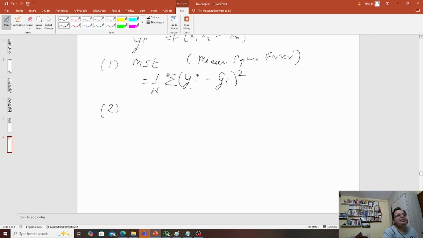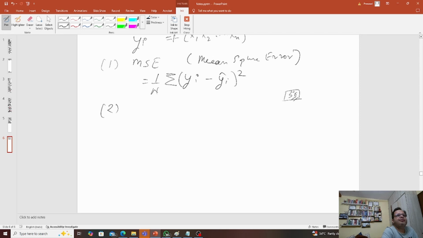The problem with this error is, let's suppose you are trying to predict the age of an individual, and your mean squared error is, say, 50.